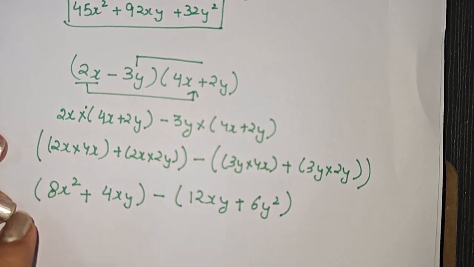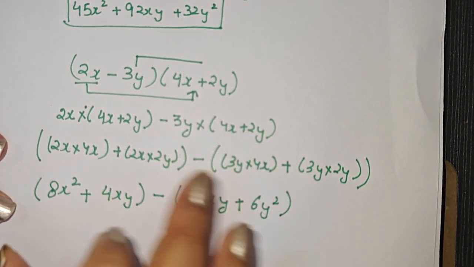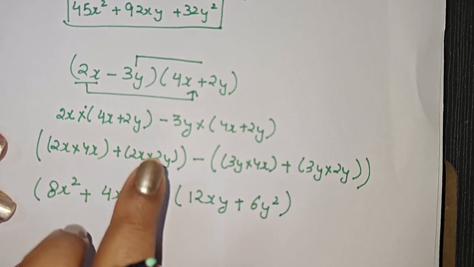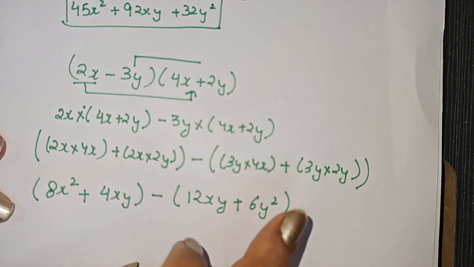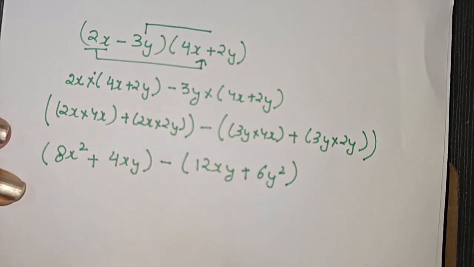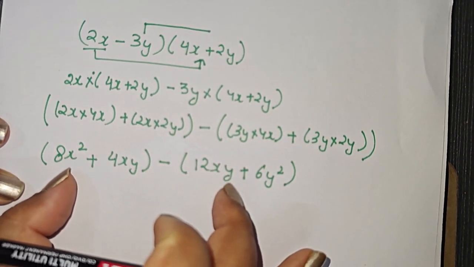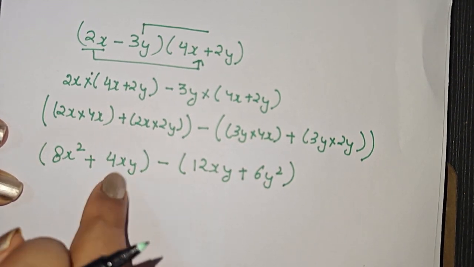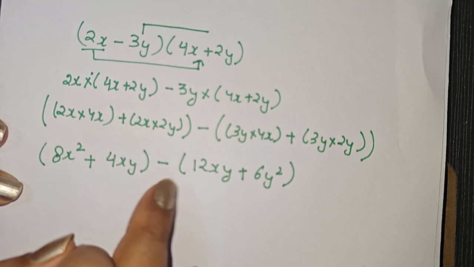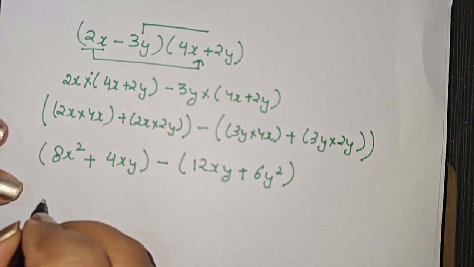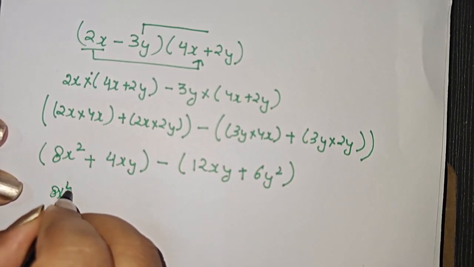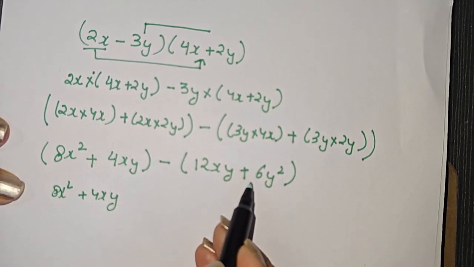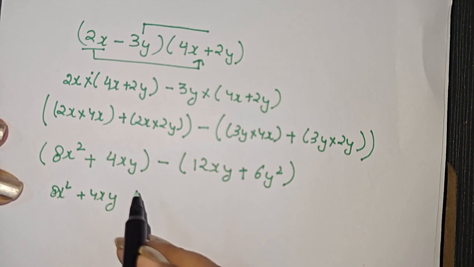You don't have to skip the steps I have skipped, and if you are confused, let me know, I will solve it in more detail. Now we have got two algebraic expressions, and the operation between them is subtraction. So we will use what we were doing in subtraction. 8x square plus 4xy. Now we have to change the sign and add them.